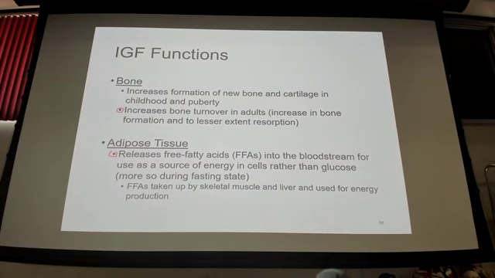So if you're in a fasting state, even relative, where you haven't eaten in a while, HGH helps convert those lipids into free fatty acids into energy. Does that make sense? Long way around to say, HGH turns fat into energy if you're not eating. Easier? Make sense? Okay.